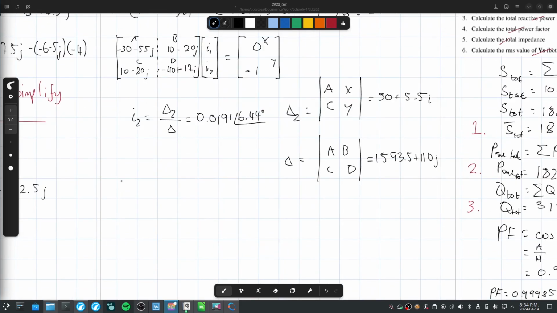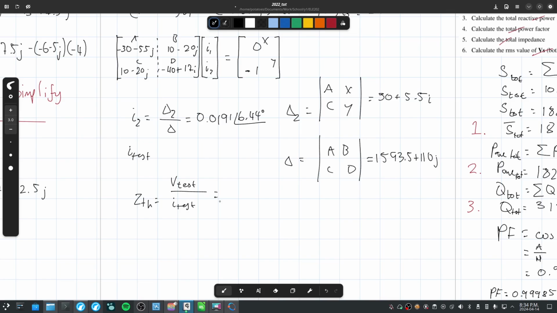That's our I test. And so our ZTH is going to be our VTH or VTest over our I test. Punch in the numbers. We have 1 divided by 0.0191 with a phase of 6.44 degrees.